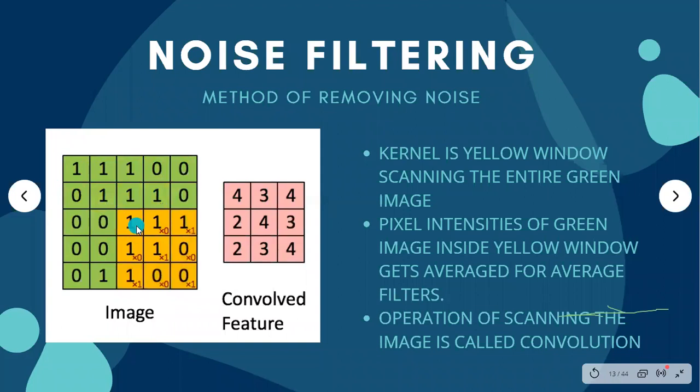It might have different elements, right? So the operation of scanning the green image, or our original image, from top to bottom is what we call convolution. So in the case of average filters, whatever pixel intensities of the original image are inside this yellow window get averaged. So if you have any doubt, you can ask or you can chat.